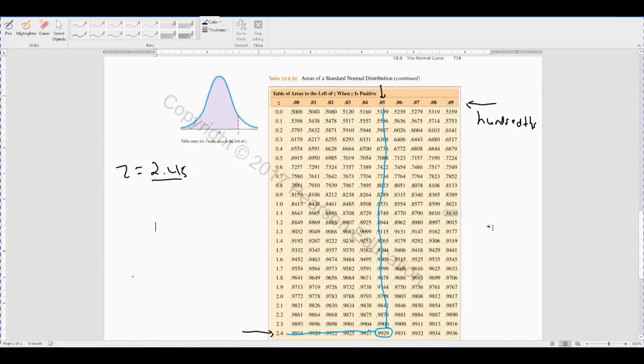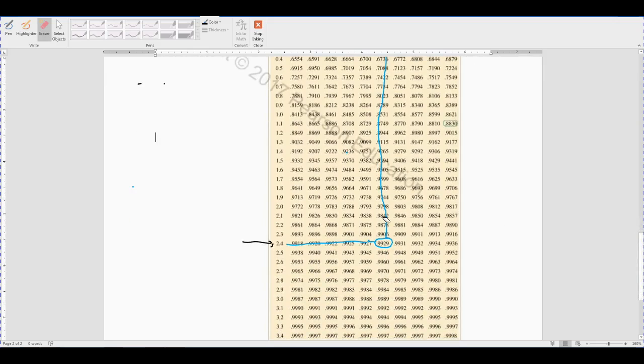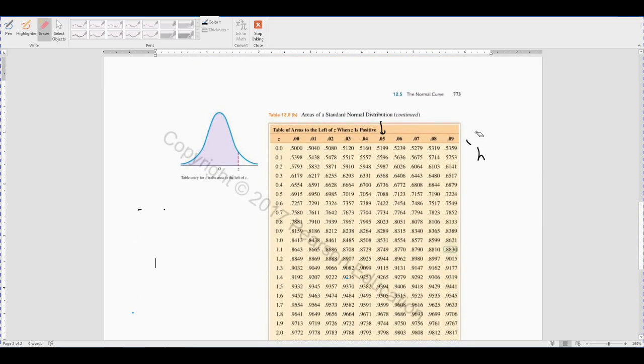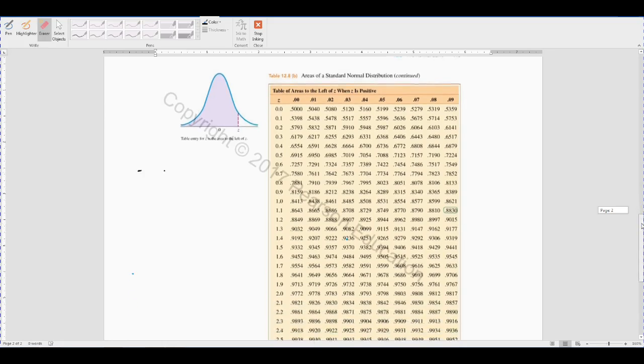So for 1.48, I'm going to look at this one because that's a positive. I'm going to erase all those. We're going to look at it as if there's nothing on this table, just a plain old view.